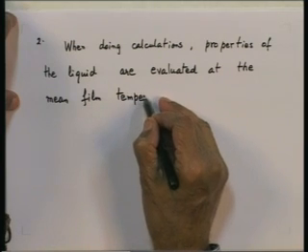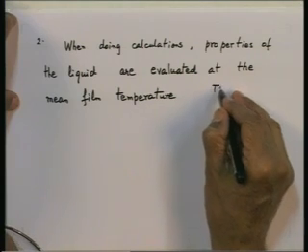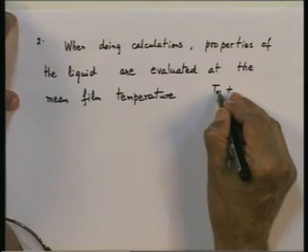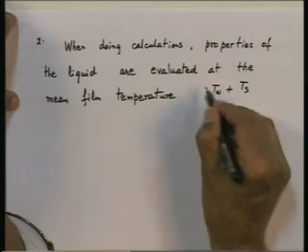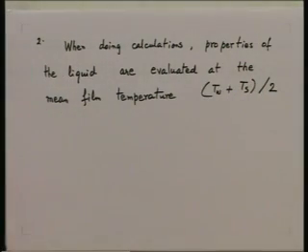You know, you need properties like K, mu, rho, etc. And what is the mean film temperature? It will be T w plus T s divided by 2. So, when you are doing actual numerical work with this Nusselt formula, take properties of the liquid at the mean film temperature T w plus T s by 2, and this is a very good assumption, because the difference between T w and T s is usually not all that much. So, taking a mean film temperature works out very well.